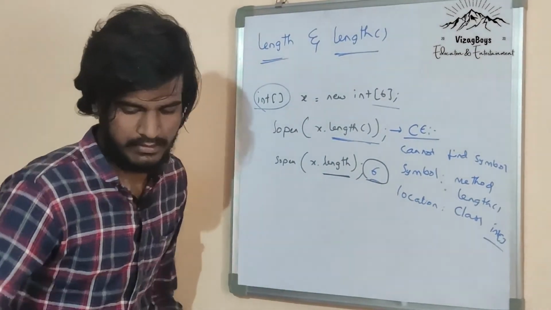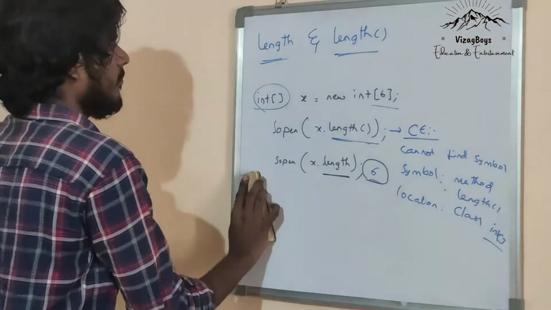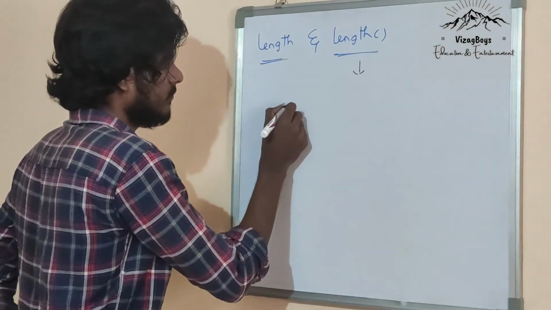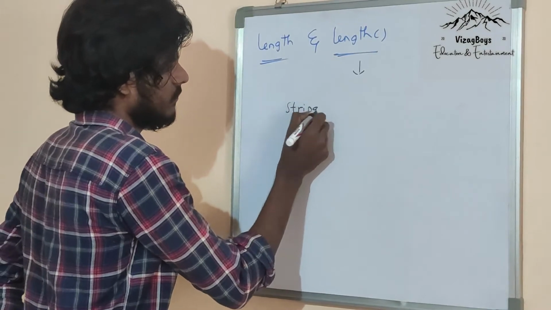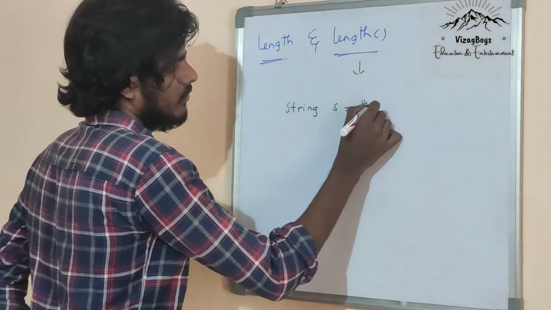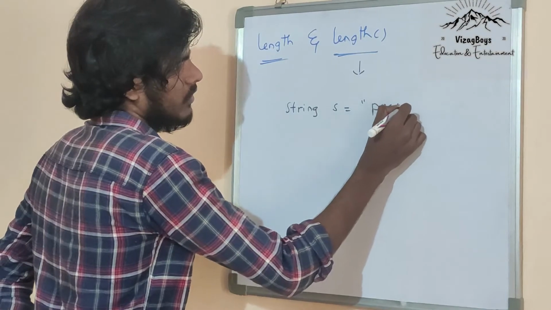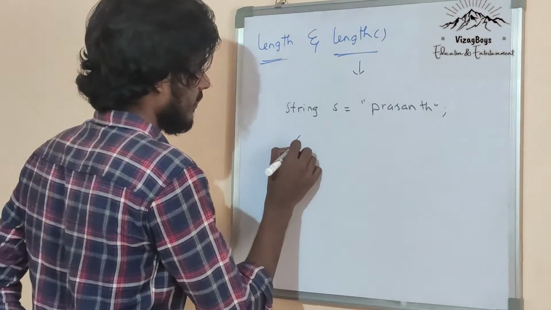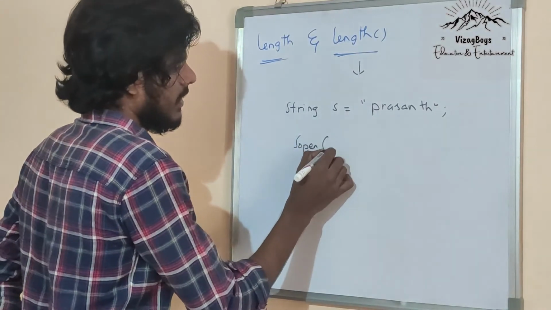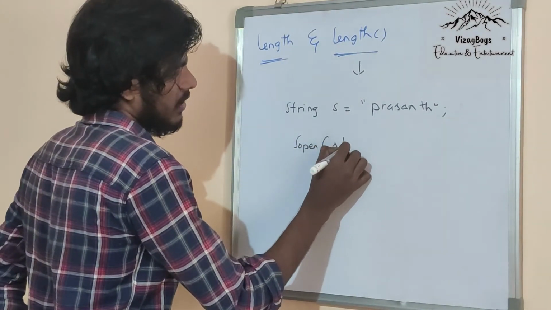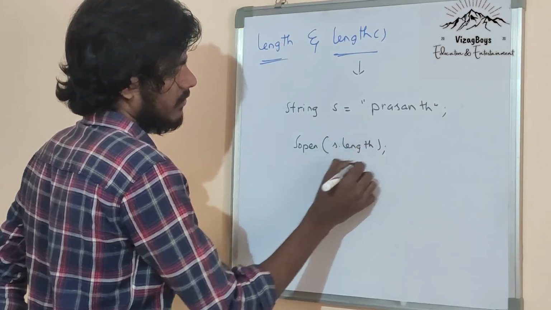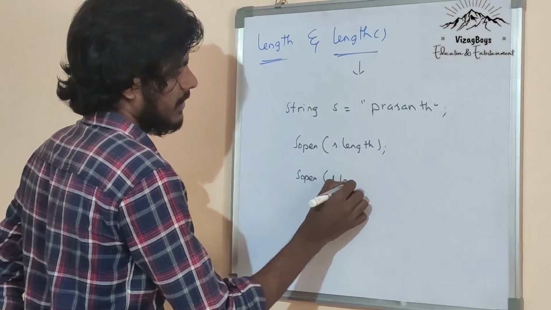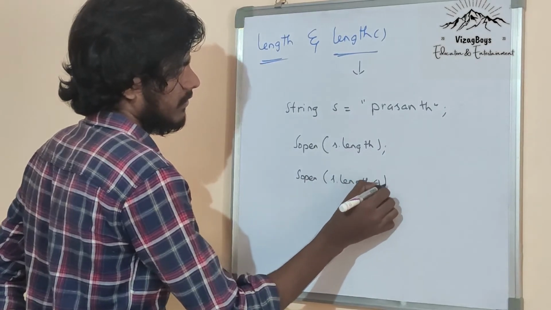The next one, length method. String s is equal to Prashant. SOP s dot length.